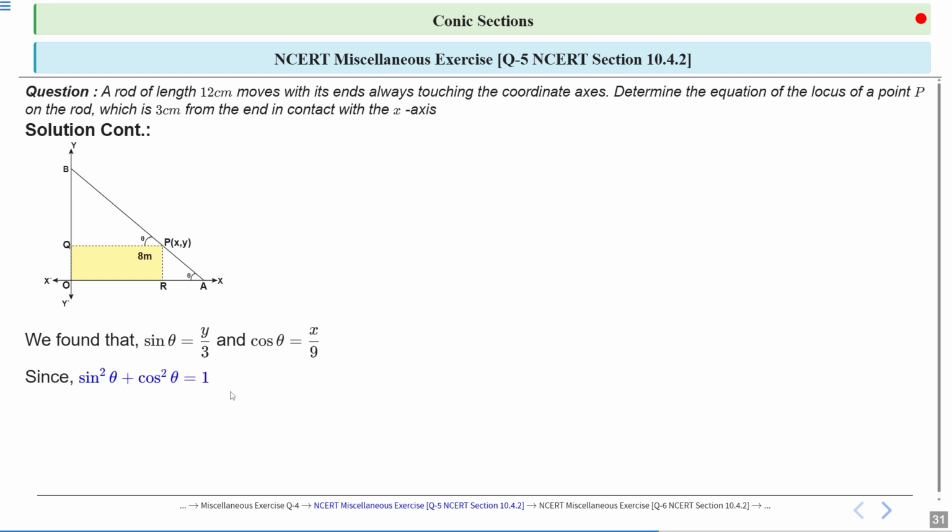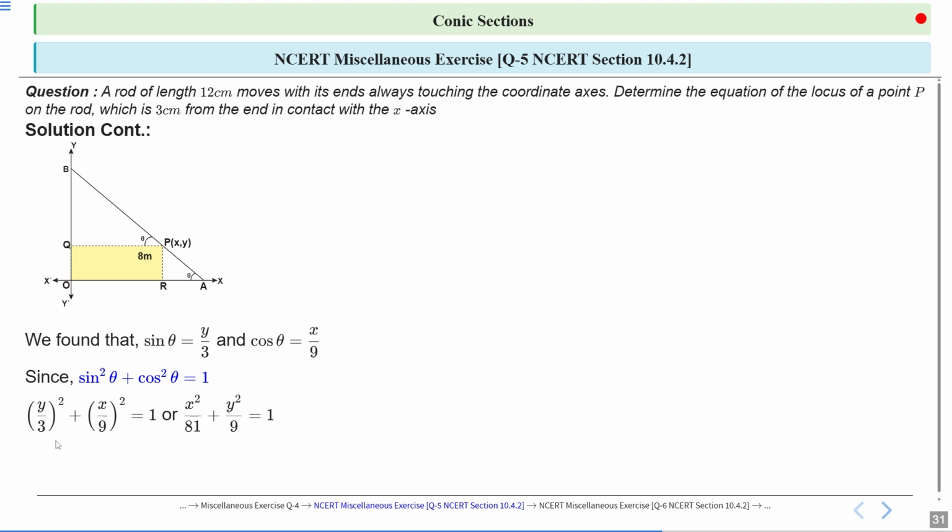Since we know sin square theta plus cos square theta is equal to 1, so we will obtain, by putting sin theta is equal to y by 3 and cos theta is equal to x upon 9, y upon 3 whole square plus x upon 9 whole square is equal to 1.